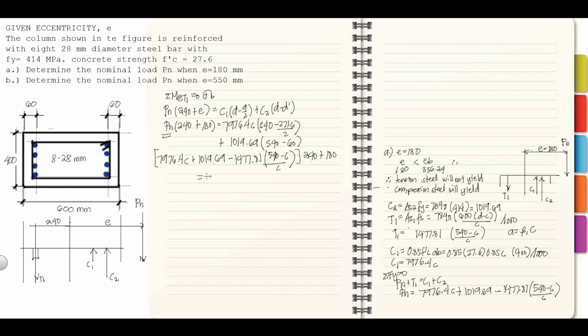Equate natin siya sa 7976.4 C, the quantity 540 minus 271.6 all over 2, plus C2, 1019.69 times 540 minus 60.